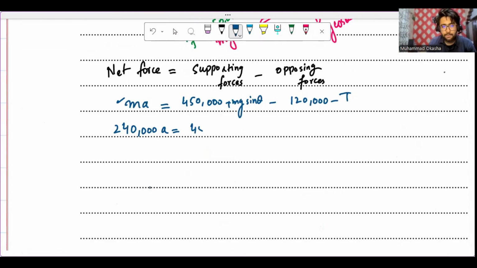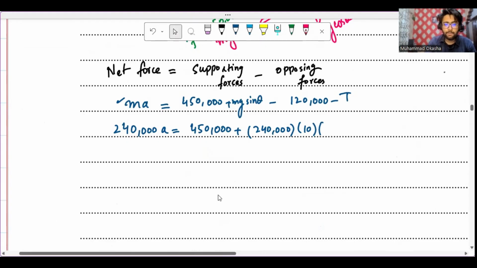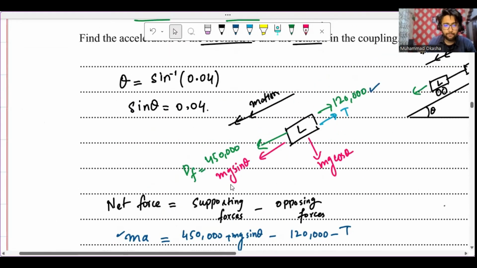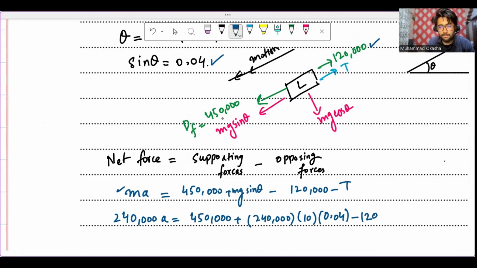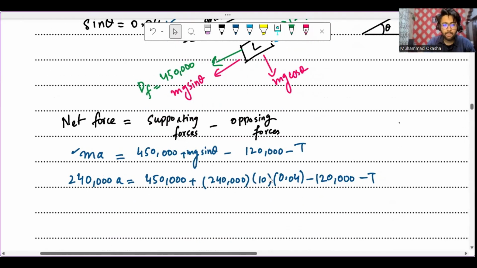So ma equals 450,000 plus, again, mass is 240,000 times g is 10, and we know that sin theta is going to be 0.04. We just worked it out. 0.04 minus 120,000 minus tension. Okay, so that's our equation for the locomotive.